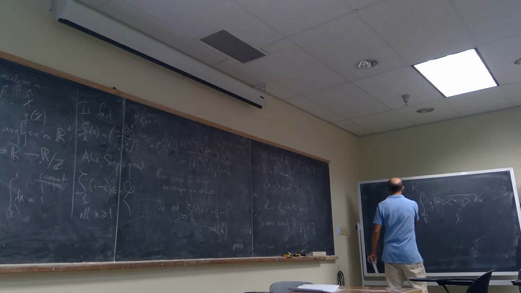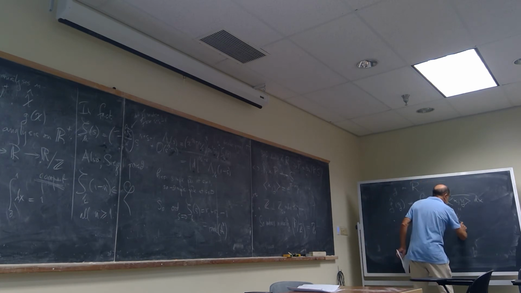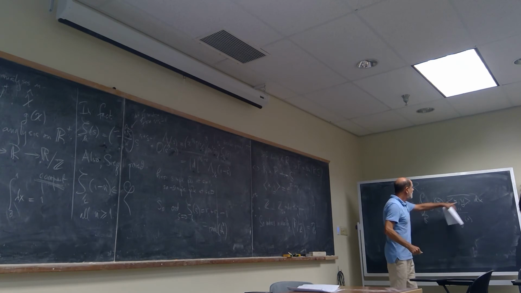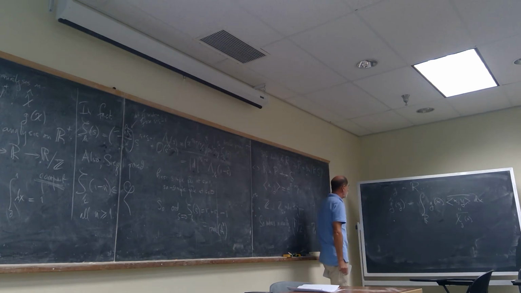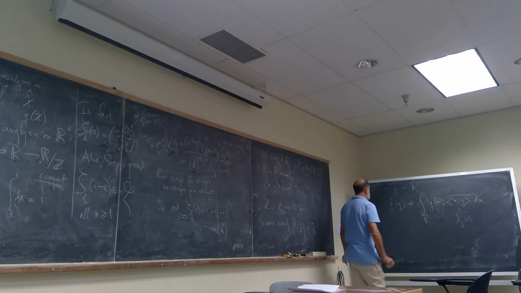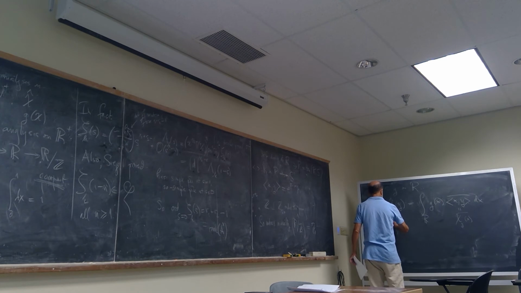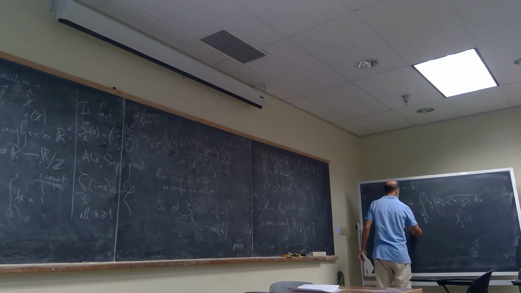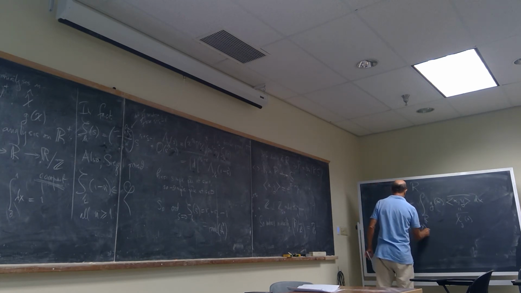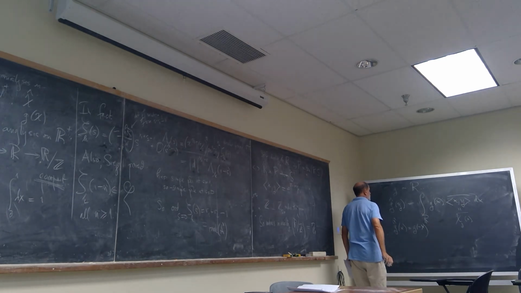This is really a function on characters: the character of y applied to x is just this pairing of x and y, and we get a function again on R. And you have Fourier inversion: g hat hat of x is g of minus x. So you can recover a function from its Fourier transform.